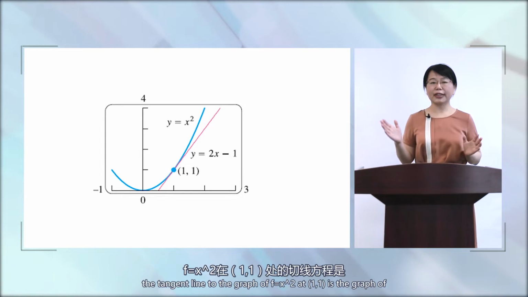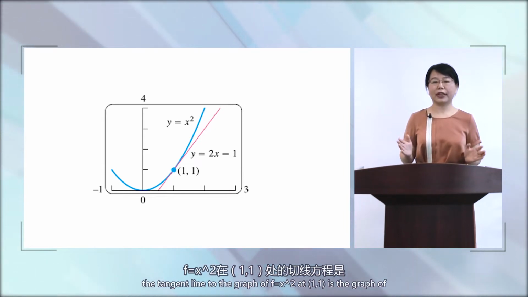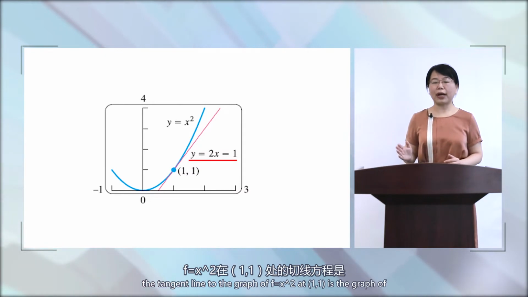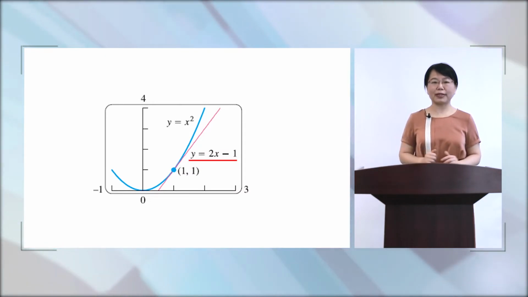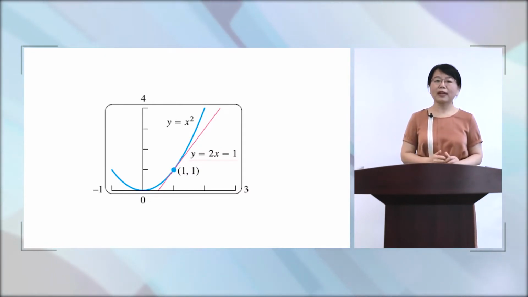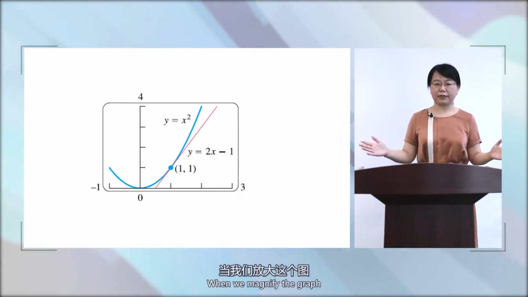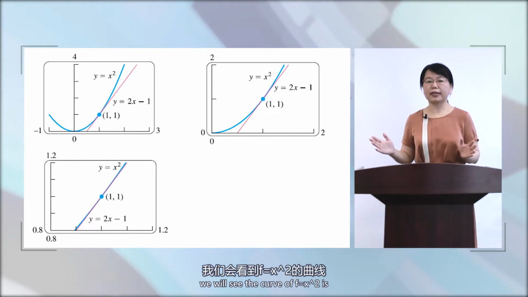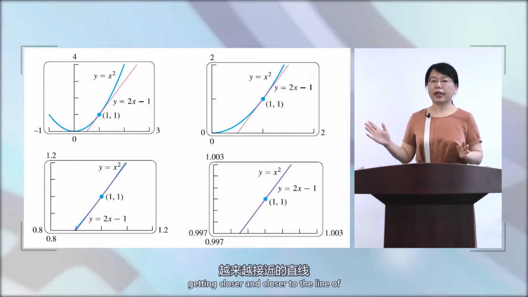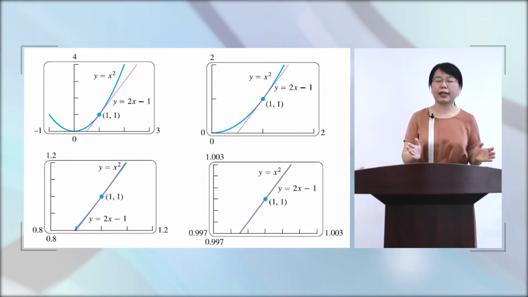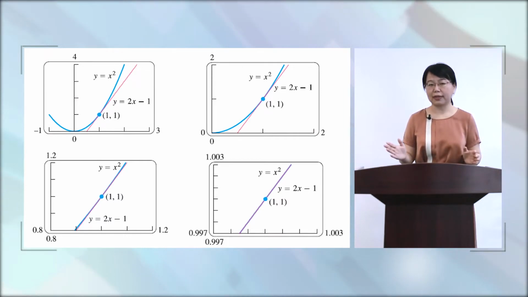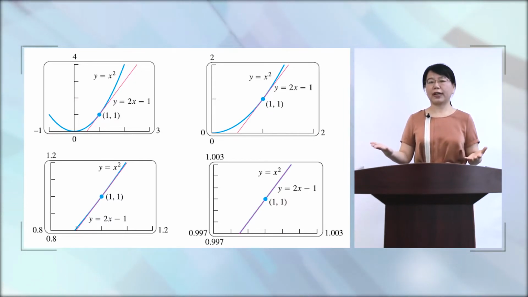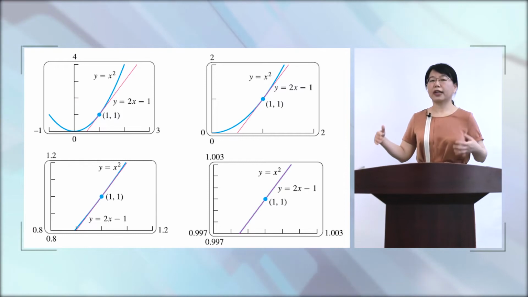The tangent line to the graph of f of x equals x squared at the point 1, 1 is the graph of y equals 2x minus 1. When we magnify the graph, we will see the curve of f of x equals x squared getting closer and closer to the line y equals 2x minus 1.